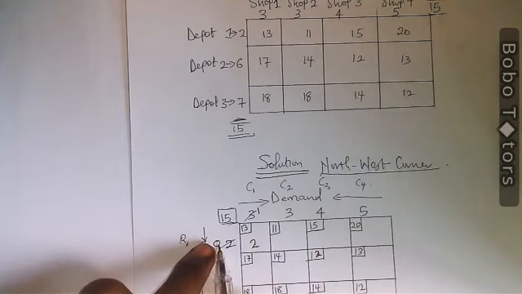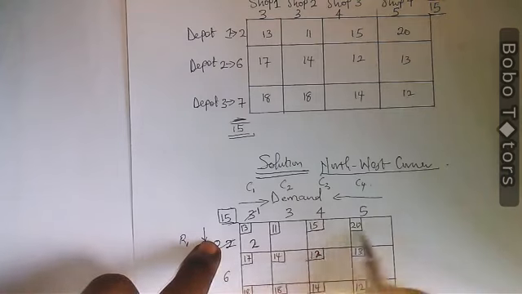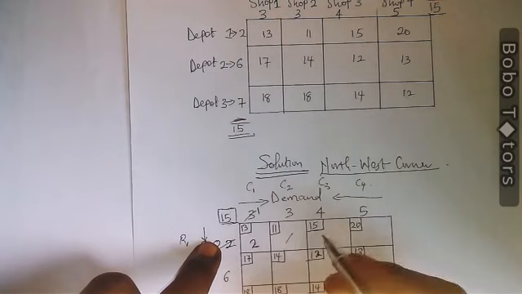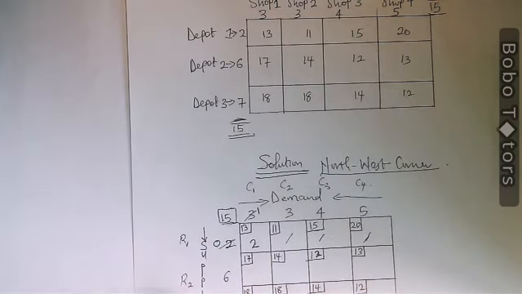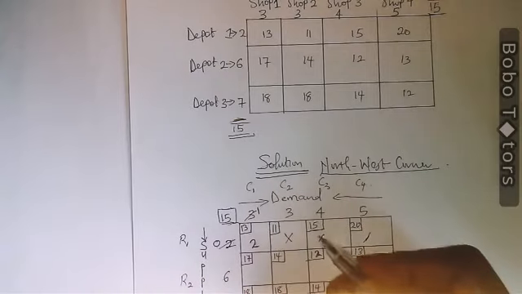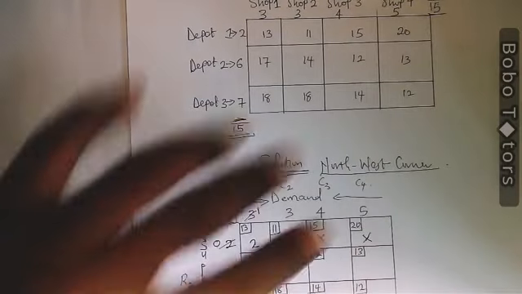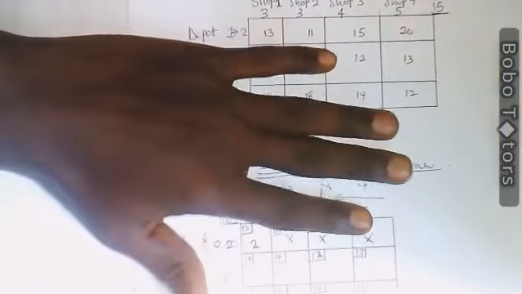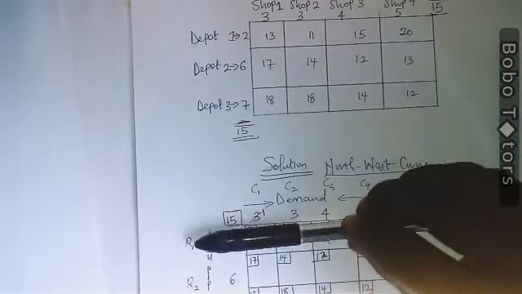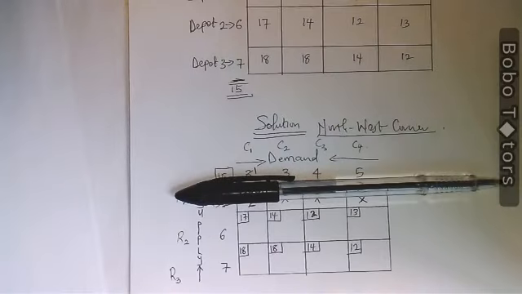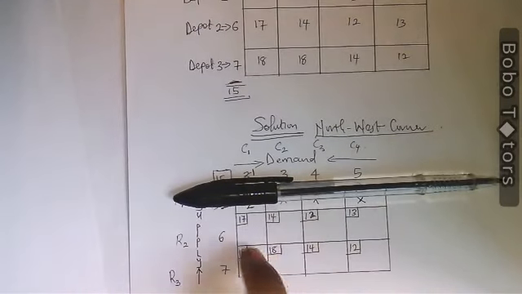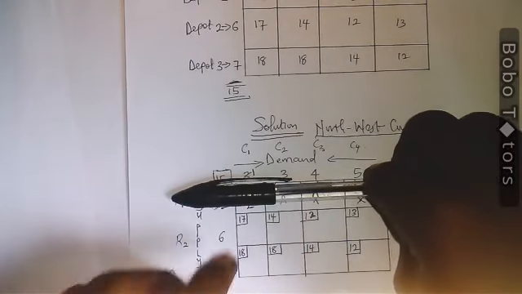Definitely depot 1 cannot distribute any goods again. You cancel this one. Now you are through with this row, so it remains this.